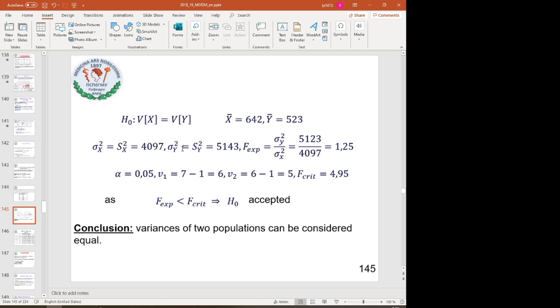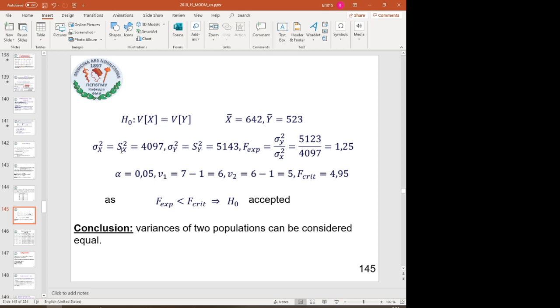I'm sorry, the first group is the control group and the second group is the intervention group, because the variance of the control group with 6 members is 5, sorry, is 4027.